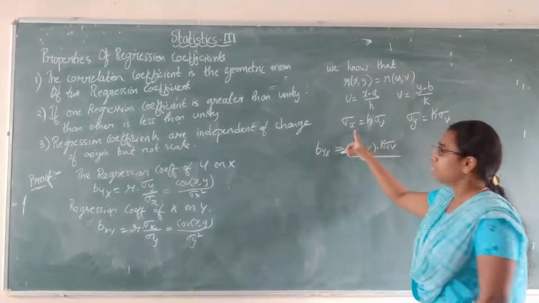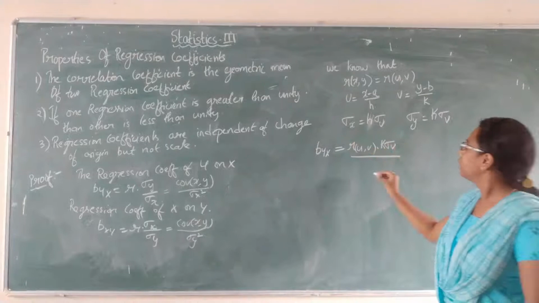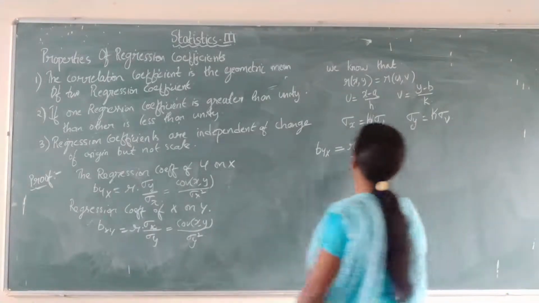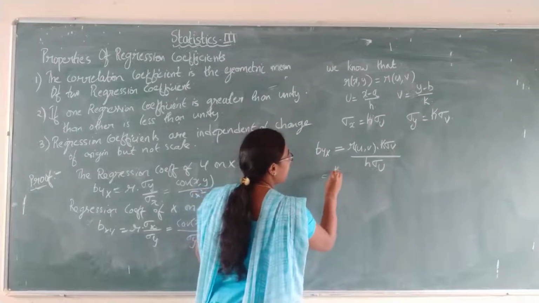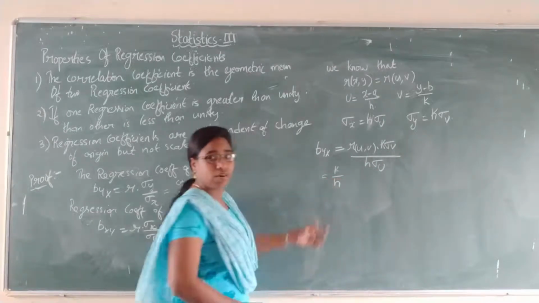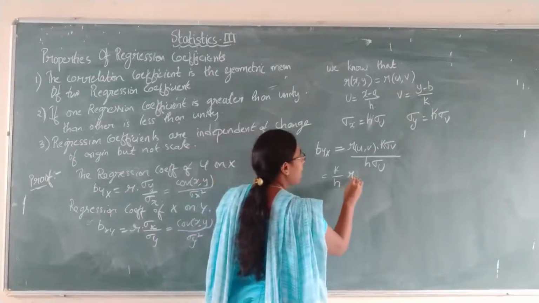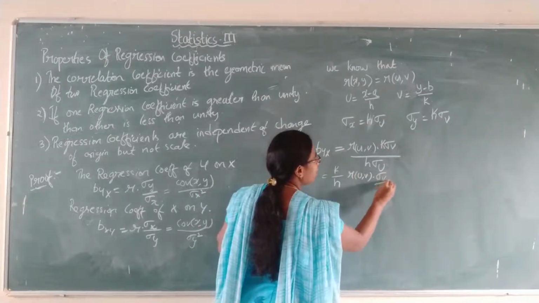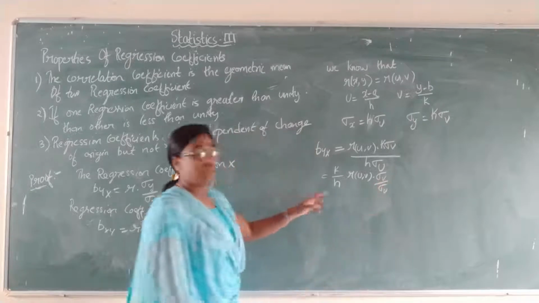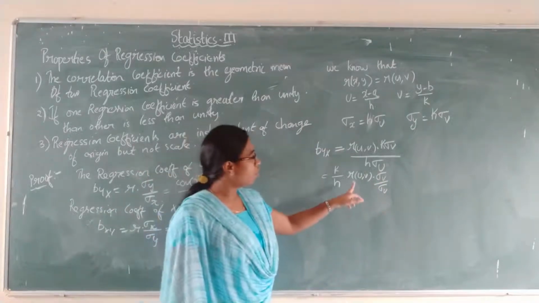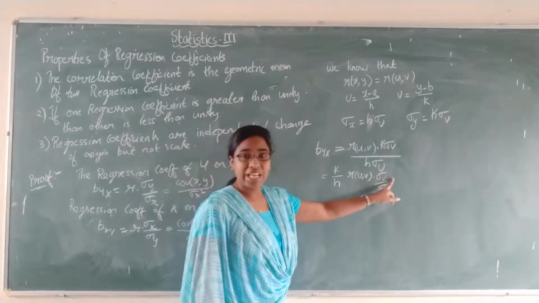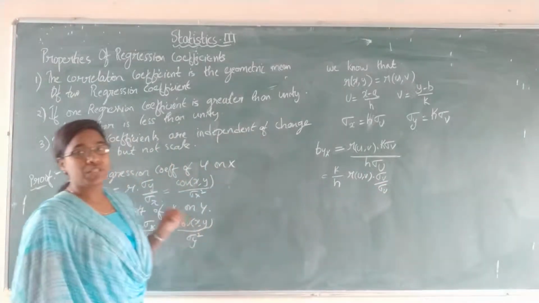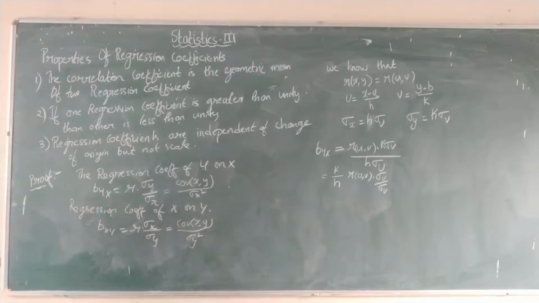And what is sigma x value? h into sigma u. So if you observe this one, k by h, you write it as a constant outside, you will get r of (u, v) into sigma v by sigma u. So if you observe, it is in the form of r into sigma y by sigma x. So r into sigma y by sigma x is nothing but b_yx.